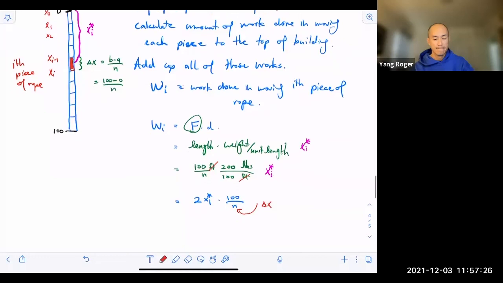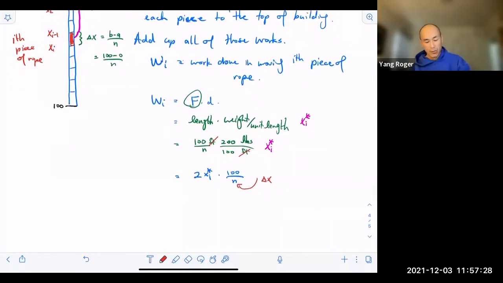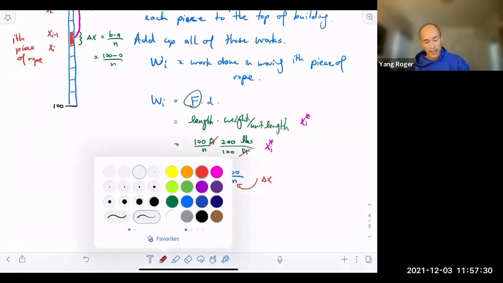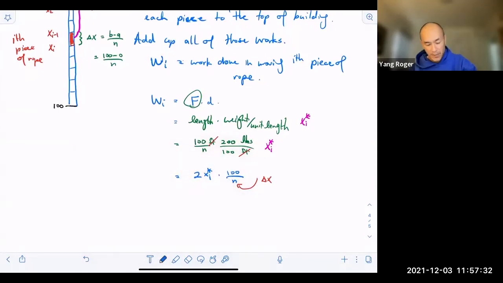So in the end, we're going to get w i is equal to 2 times xi star times delta x.